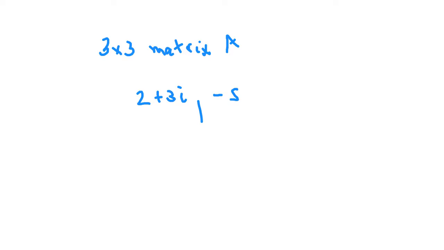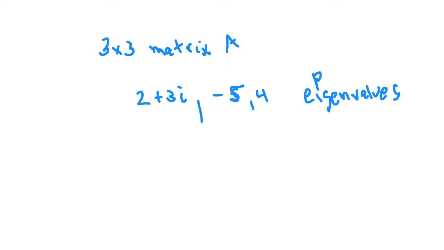If you had a 3x3 matrix A, could you have eigenvalues like this? 2 plus 3i, -5, and 4. Could those be eigenvalues?